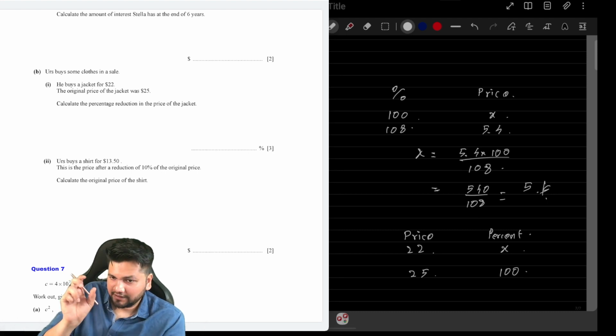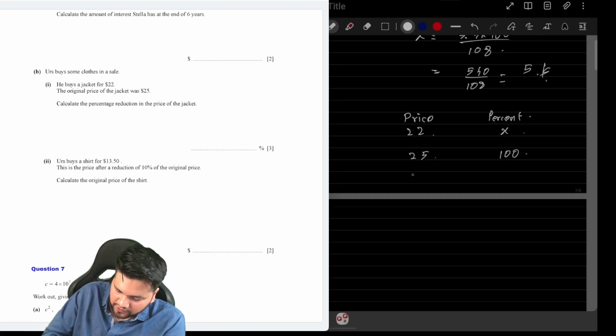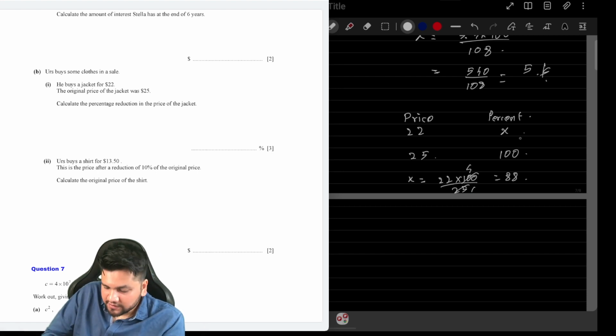So x would be just 22 times 100 by 25. So this is 1, this is 4. So we get it as 88. So 88% is this value. So actual deduction of this price is how much? It is going to be 12%. I hope you understand.